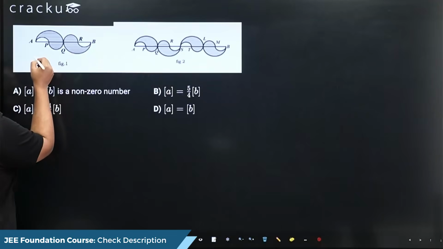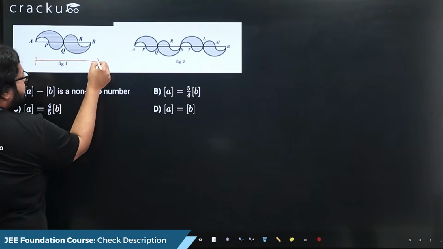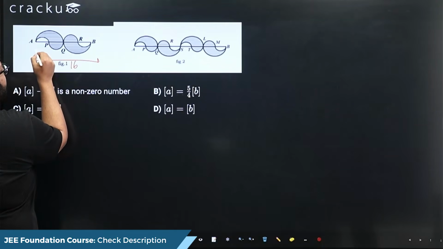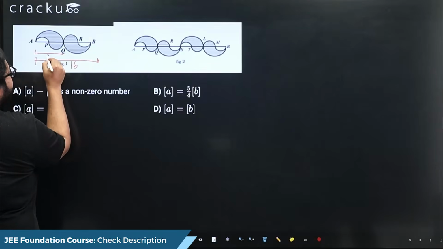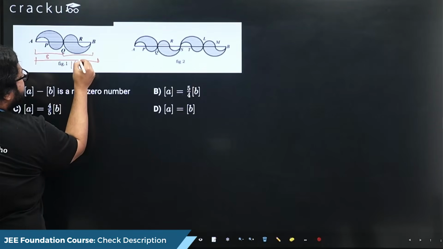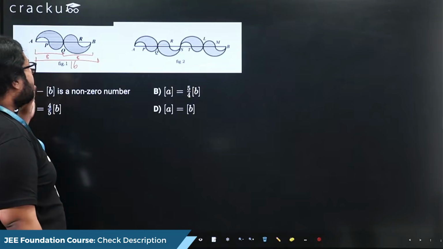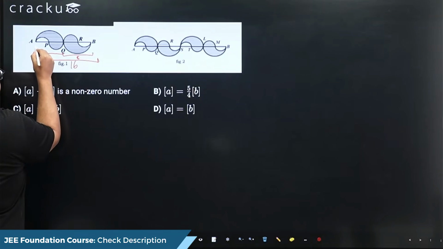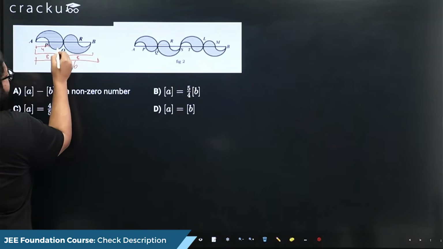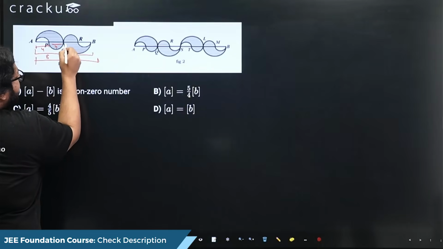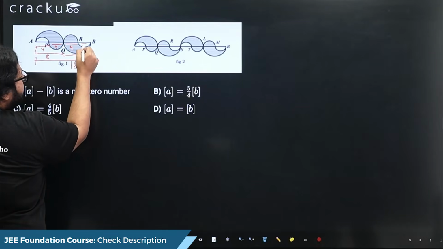Here, AB is essentially 16, right? So that means what? AQ is 8, QB is also 8. Now, they're telling us that all of these are semicircles. AP will be again 4, PQ is also 4, QR is also 4, and RB is also 4.